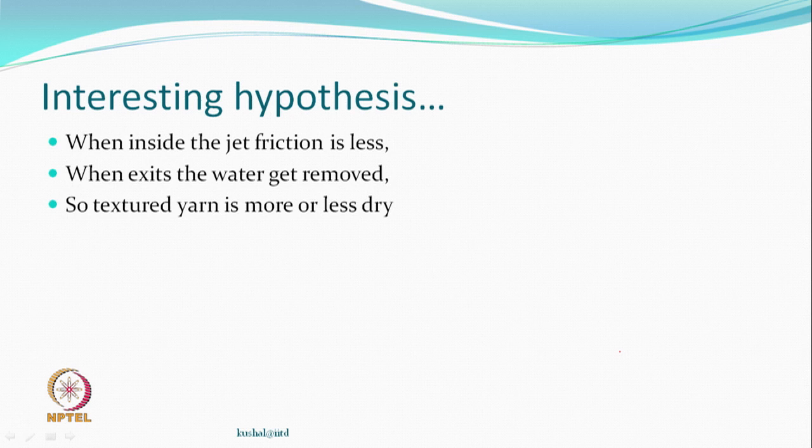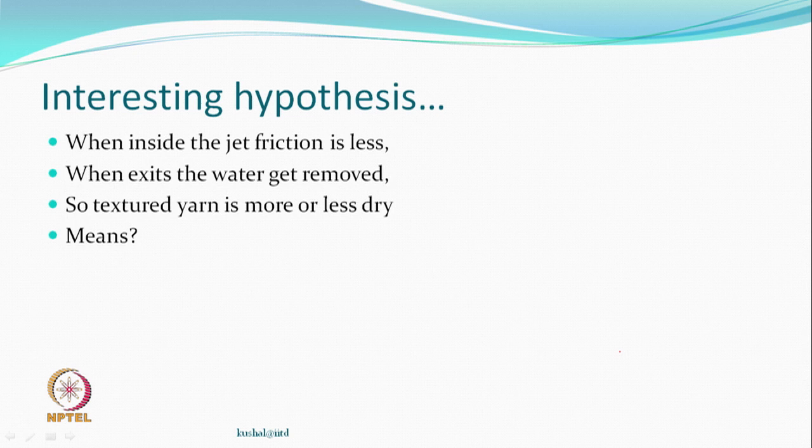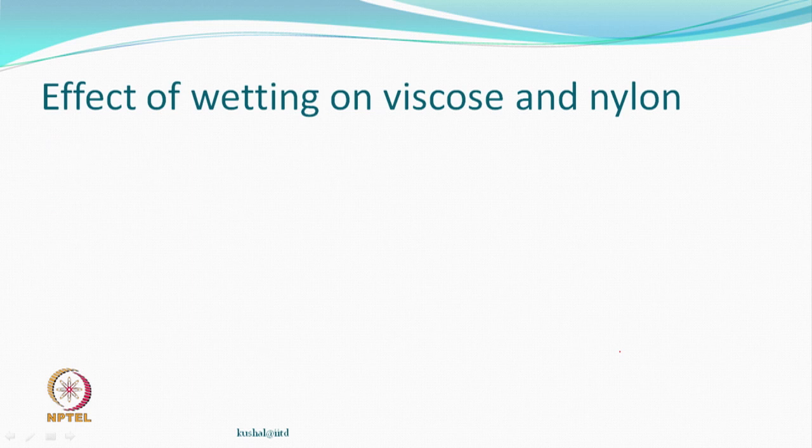There is a chamber in which a wetting device is kept, and so the textured yarn is more or less dry. So, inside the jet you had less friction, outside the jet it is more or less dry. If friction was the cause, the friction would now be more, which is good for entanglement, no slippage of the loops will take place, and one can feel good. That is, you can get less instability.